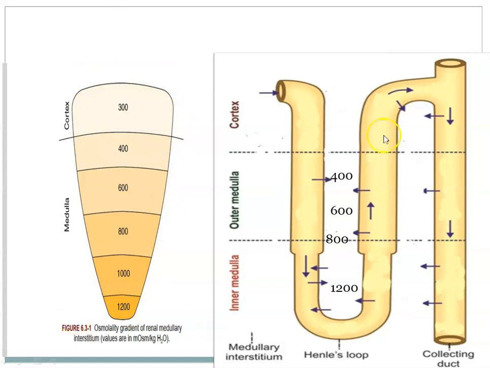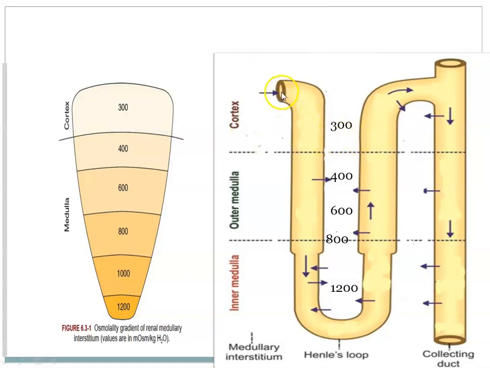Now, the fluid present in the proximal convoluted tubule is isoosmotic, and the interstitium also maintains 300 milliosmol in the cortex region. See this, the plasma and the interstitium maintain the same osmolality.